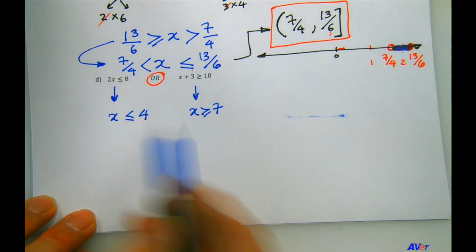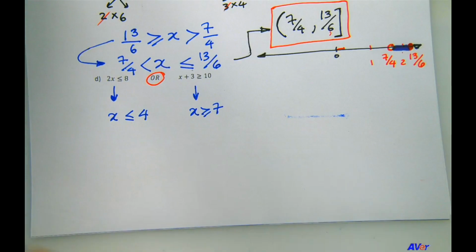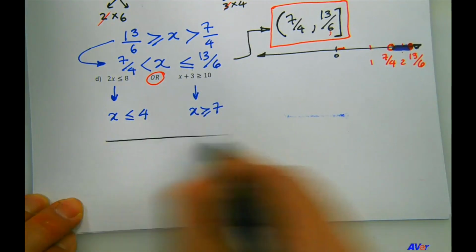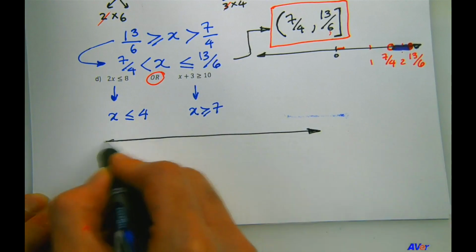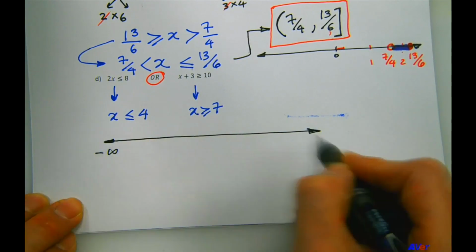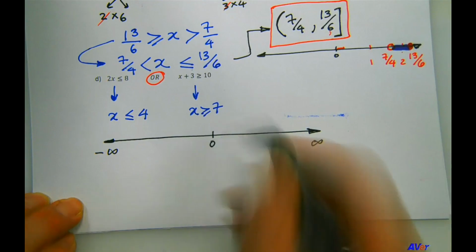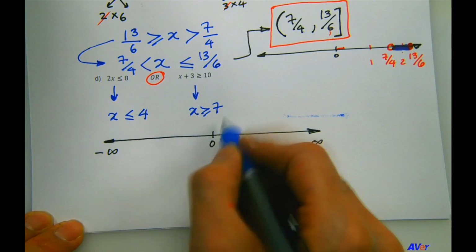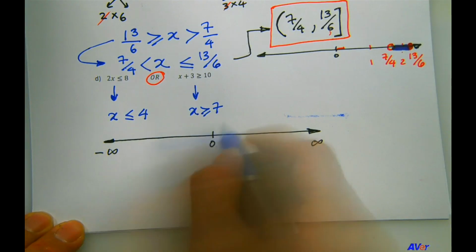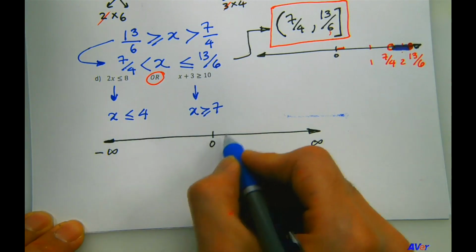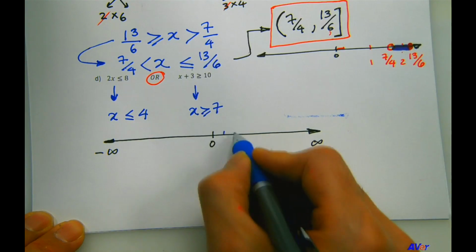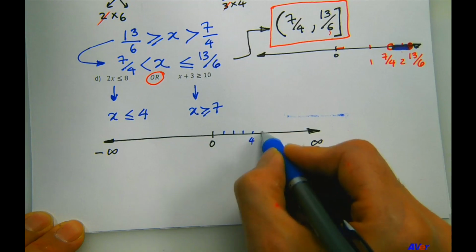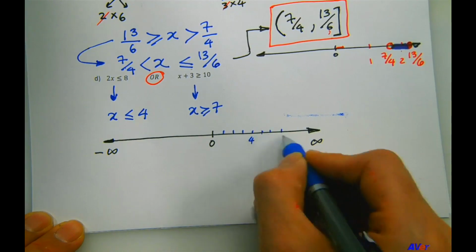So this one, if we graph this, watch how the graph looks. We have this from negative infinity to infinity, 0 in the middle. So we have less than or equal to 4, right? That's, let's see, 1, 2, 3, 4, that's 4, 5, 6, 7, right?